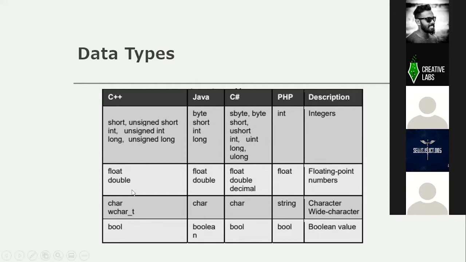Now if we talk about floating point numbers, C++ and Java have float and double. For C#, we have an additional type called decimal. And in PHP, we don't have that. Floating point numbers are denoted as float.